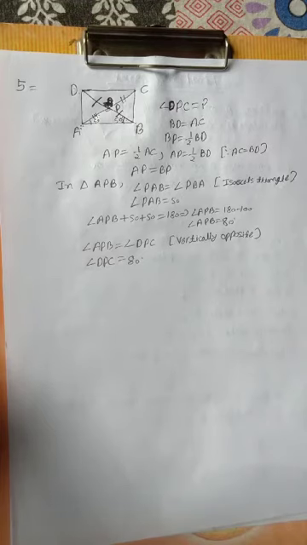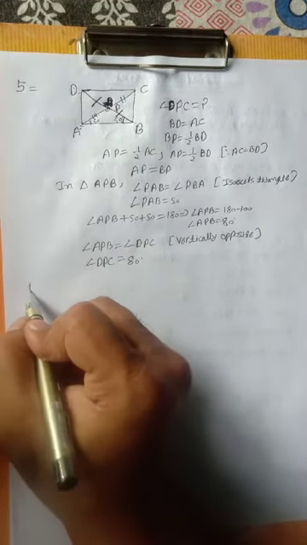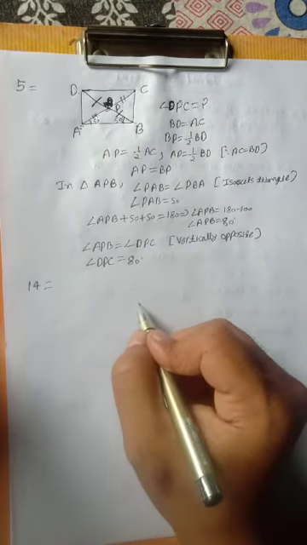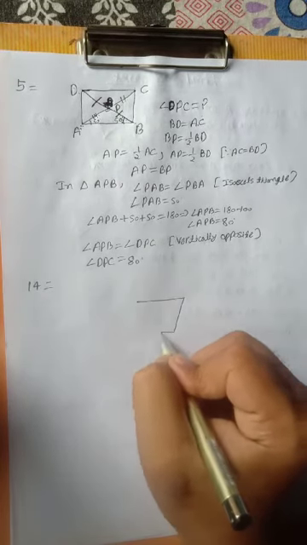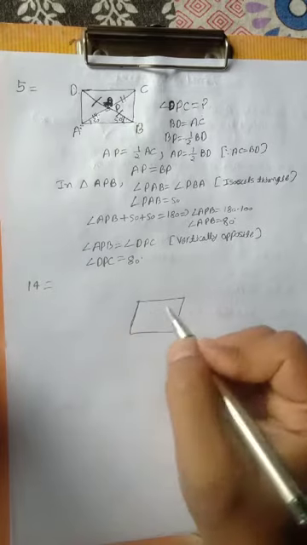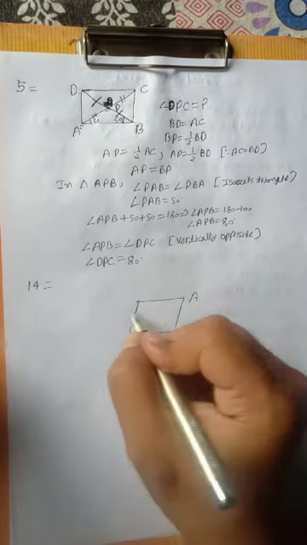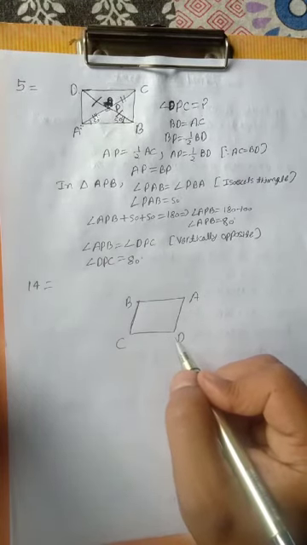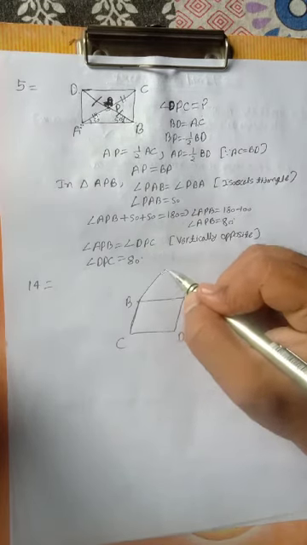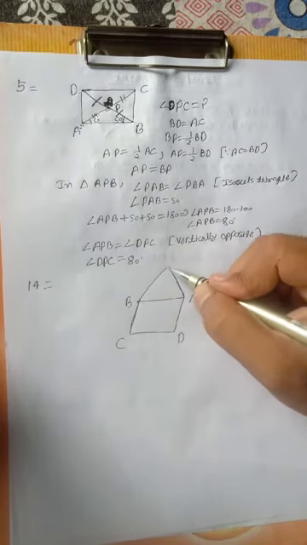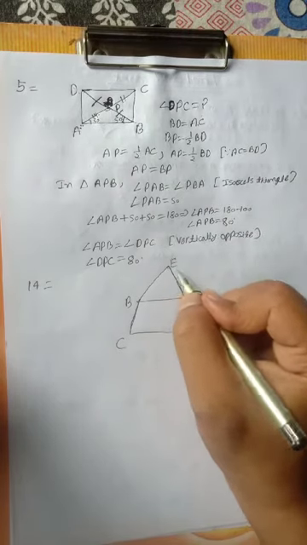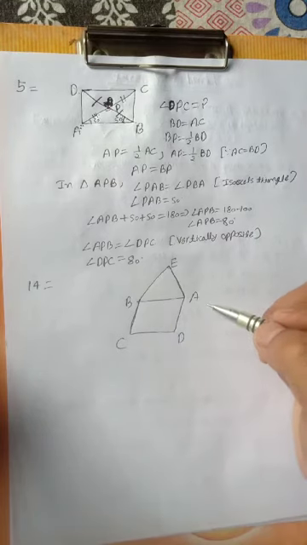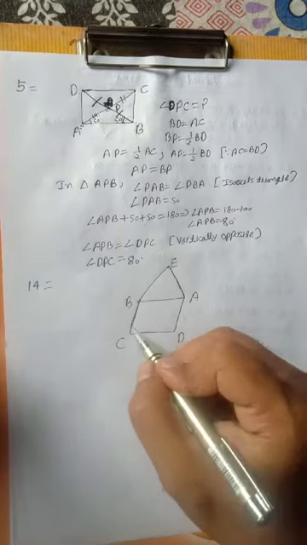Now question number 14. In the given figure, ABCD is a rhombus, and ABE is an equilateral triangle, and angle BCD is 78.